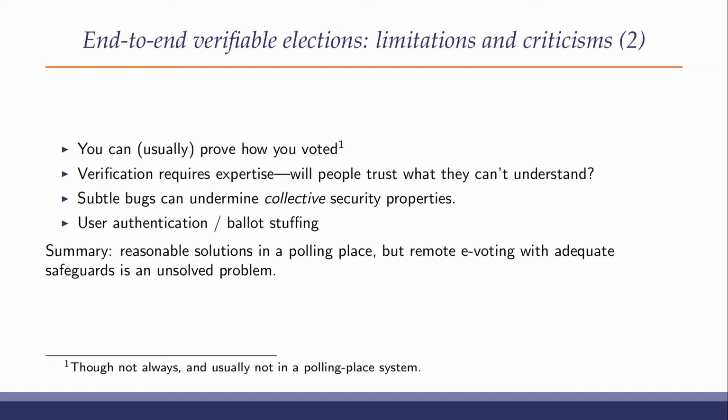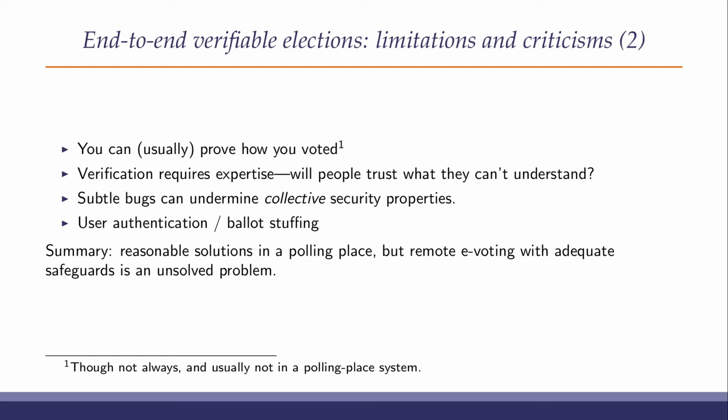Another problem that's really hard and not adequately addressed in the academic literature, of course, is user authentication. Some countries have no meaningful user authentication at all. Australia certainly does not. And other countries have some kind of a public key infrastructure which people are reasonably happy to trust for example, banking or paying your taxes, this kind of thing.